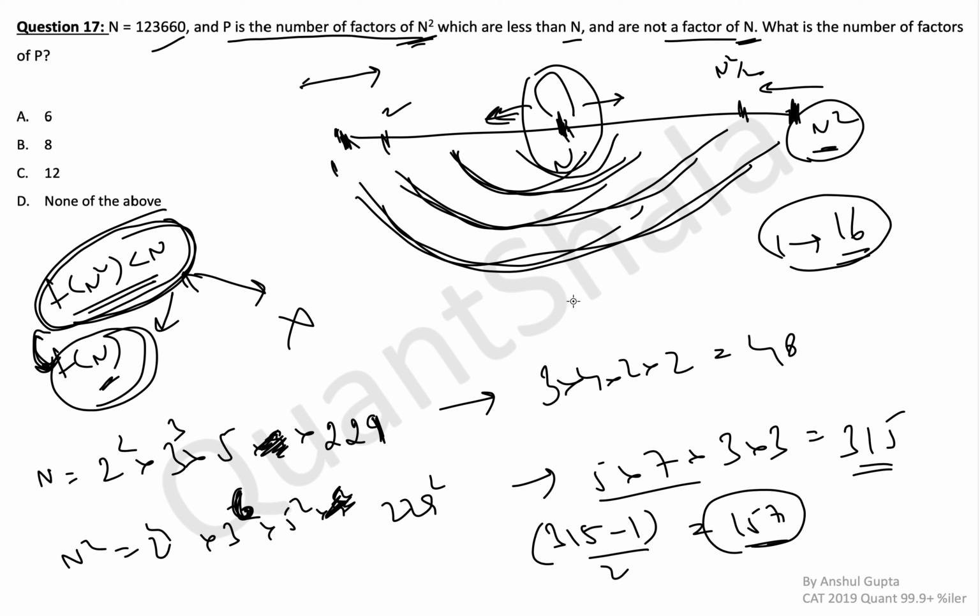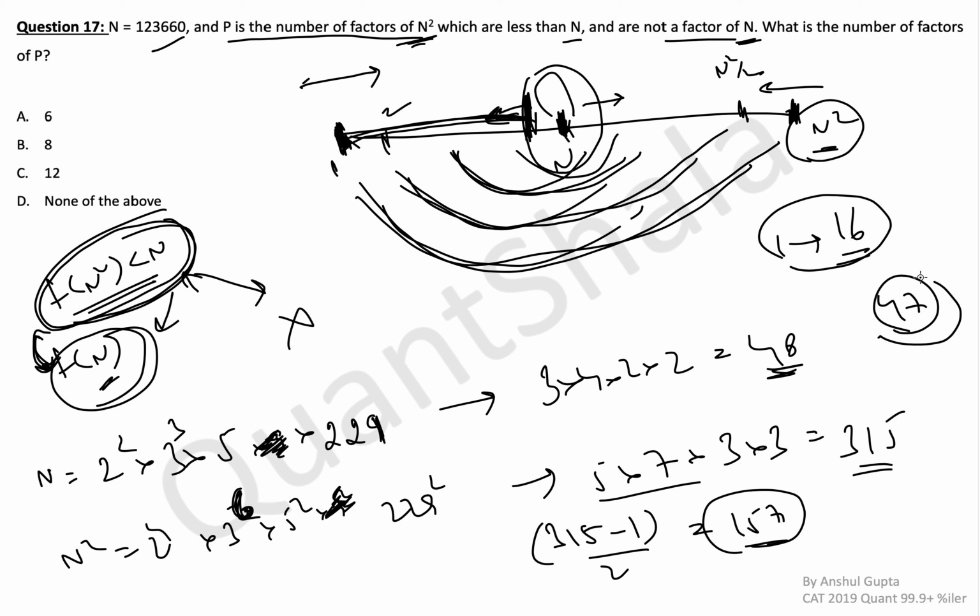How many factors of n are there which are less than n? Out of this 48, there is one which is n itself. So factors of n which are less than n is 47. Okay. Now if you subtract both these numbers, so 157 factors from here till here for n square and 47 factors from here till here for n.